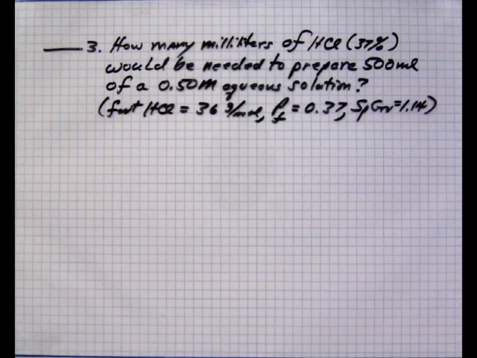For number 3, how many milliliters of hydrochloric acid, 37%, would be needed to prepare 500 milliliters of a 0.5 molar aqueous solution? And using the formula weight at 36 grams per mole, concentration purity factor 37%, specific gravity given to be 1.14.